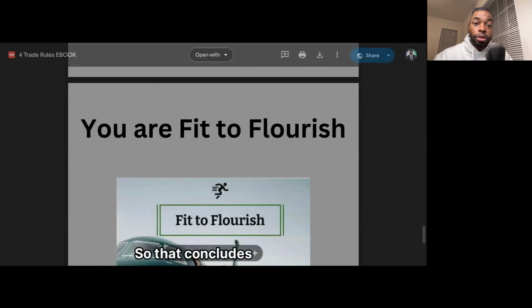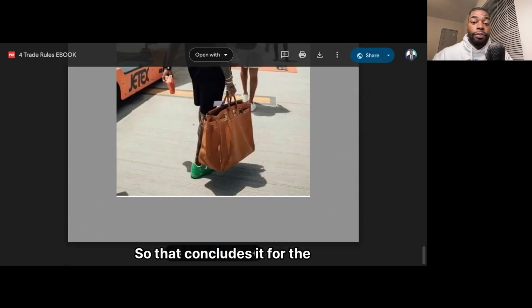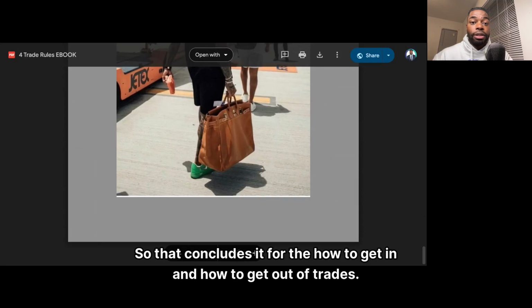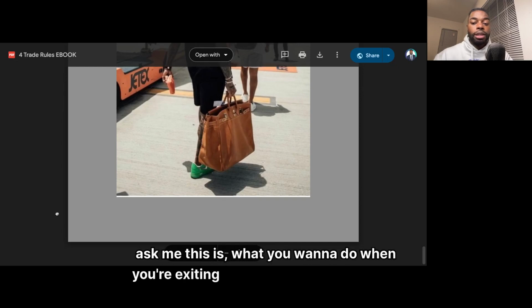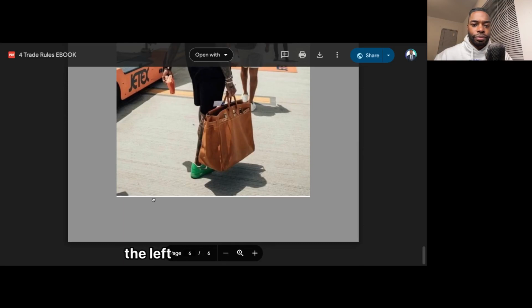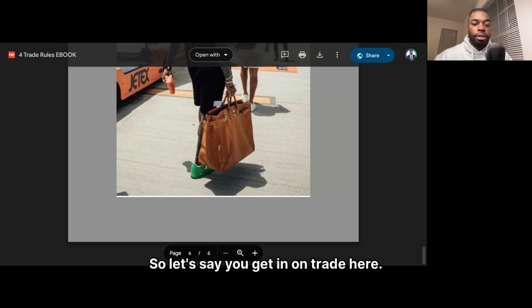So that concludes it for how to get in and how to get out of trades. A lot of the times when you're exiting, people also ask me this: what you want to do when you're exiting trades is look to the left and say, what was the previous high? What was the last previous high? So let's say you get in on a trade here. We're looking to go long, to go up.